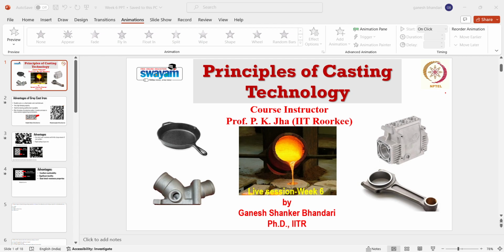And in grey cast iron, we were talking about flake type of graphite. In white cast iron, we were talking about the iron carbide presence. And mottled iron, I have no idea regarding this. I think malleable cast iron is definitely going to have the maximum ductility as compared to these four.